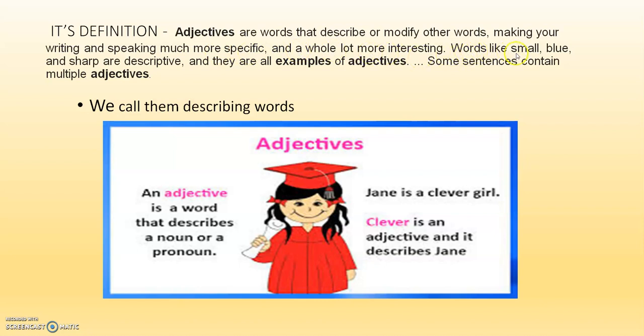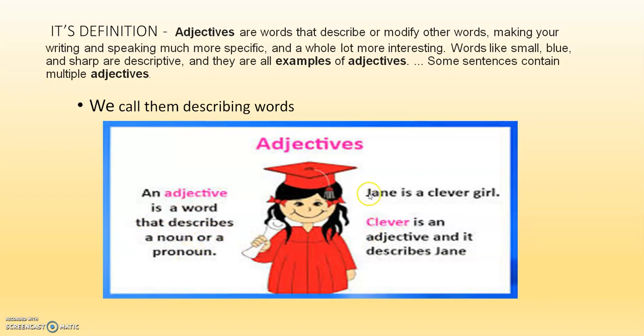Words like small, blue, and sharp are descriptive, and they are all examples of adjectives. Some sentences contain multiple adjectives. Adjectives are also called describing words because an adjective is a word that describes a noun or a pronoun.